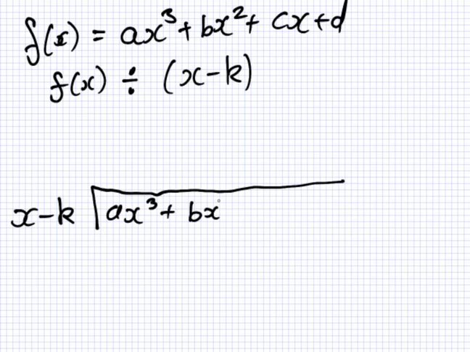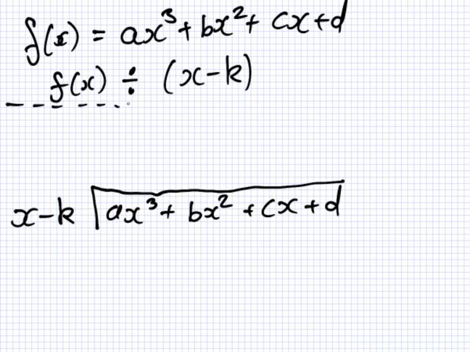So, what we'll do is we'll say let f(x) equals ax cubed plus bx squared plus cx plus d, and we want to calculate f(x) divided by, I'll just call it x minus k.